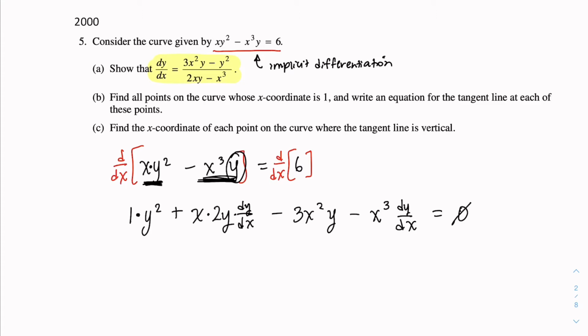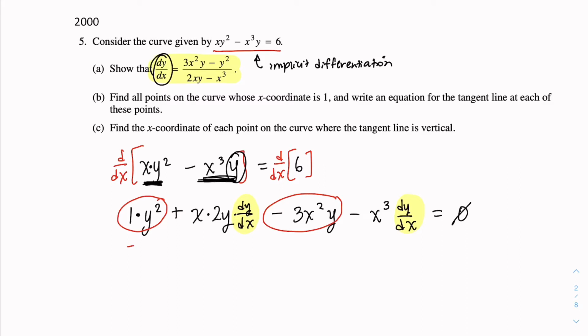I have to get dy dx by itself, but right now I see it in multiple spots. So in order to get dy dx all alone, my first step I'll need to do is move anything that doesn't involve dy dx to the right side.